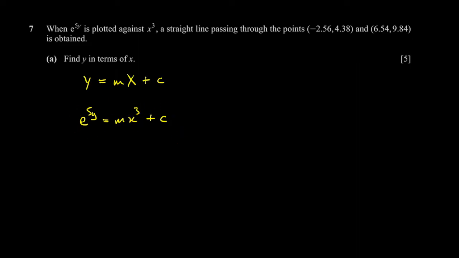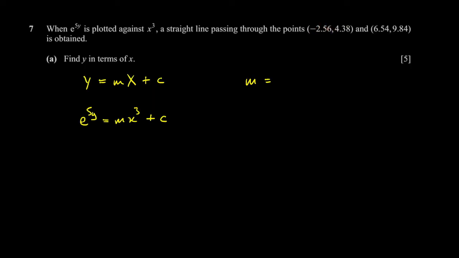Essentially, what's the question really about? We want to find the gradient m and the y-intercept c. So how can I find the gradient m? Well, m is equal to y2 minus y1 over x2 minus x1.